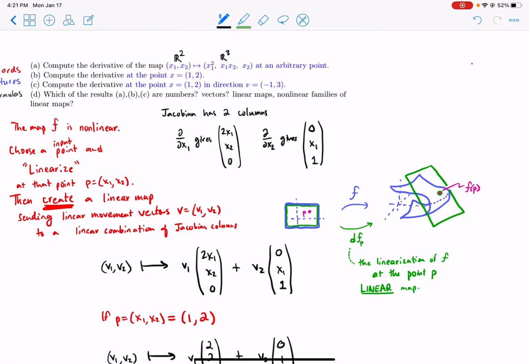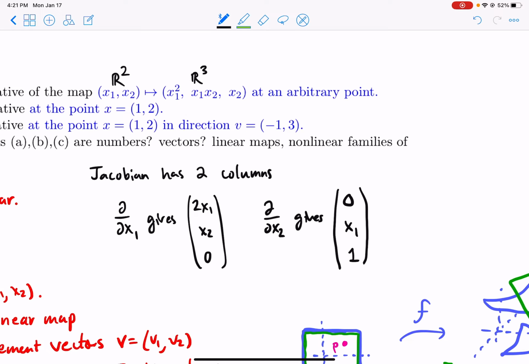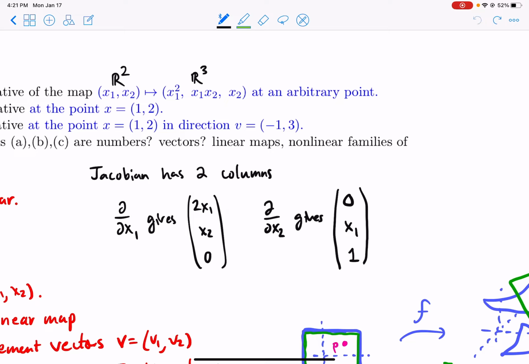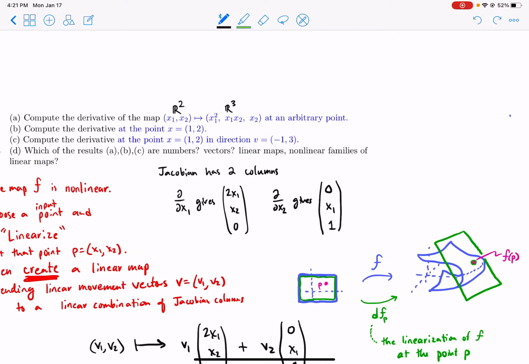So at first, if you just take the Jacobian columns, those two velocity vectors, movement in the first and second dimensions, you'll see that you have variables remaining. Most often, there will be variables x1, x2 remaining. That means we haven't chosen a point.